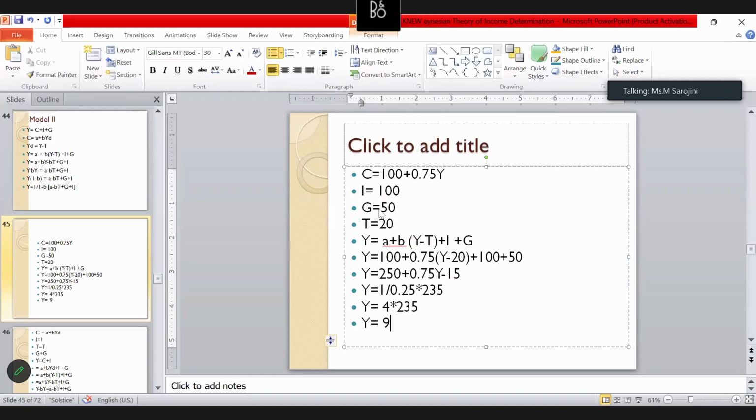How much? Is it correct? Yes, ma'am. Why do I like this? Normally, once you observe the past papers, there is a question like this, but nobody gets the full answer, the full marks for this question.